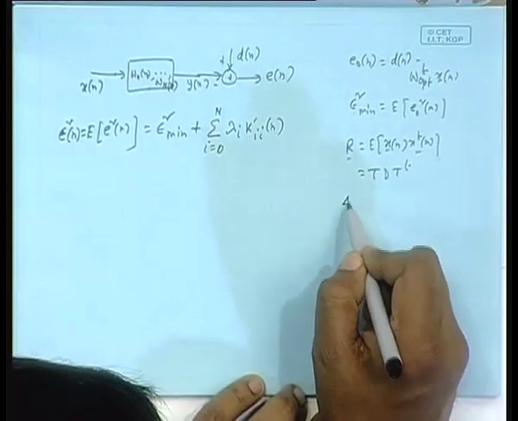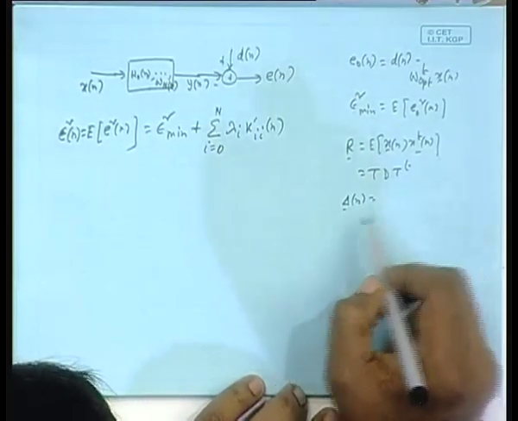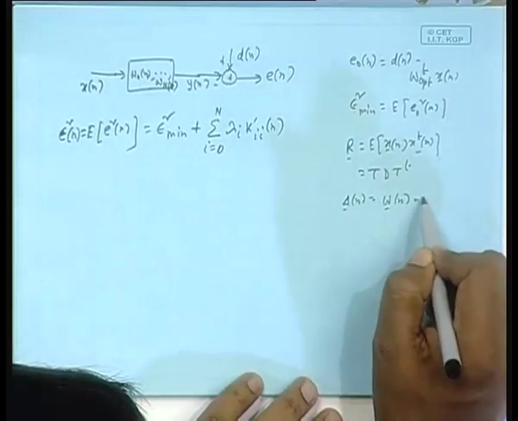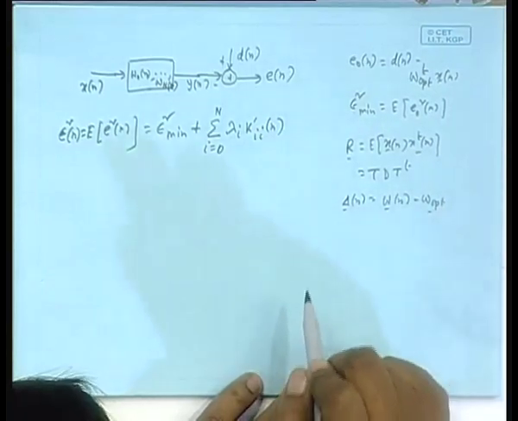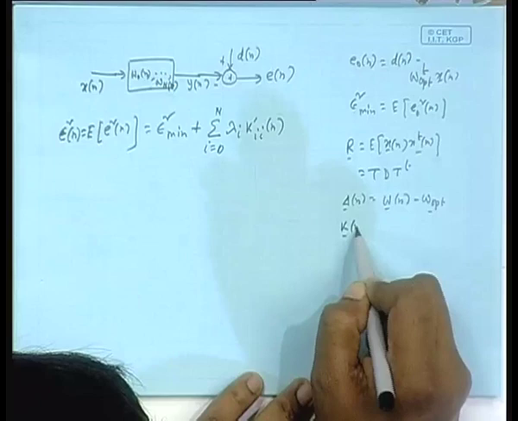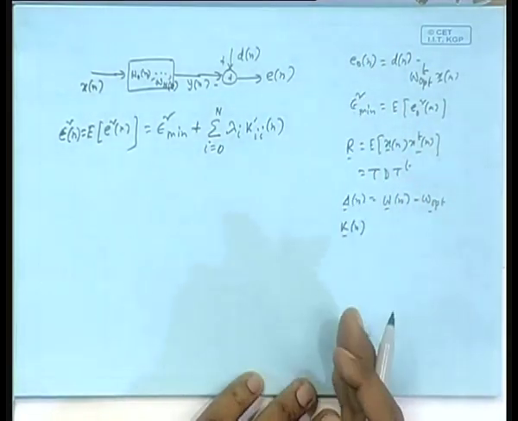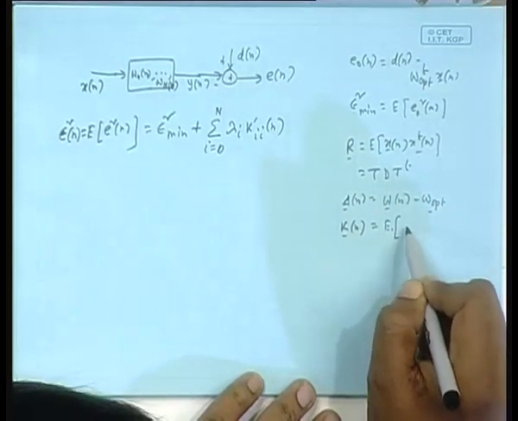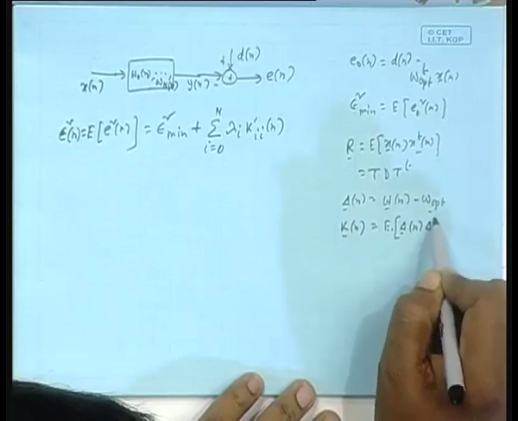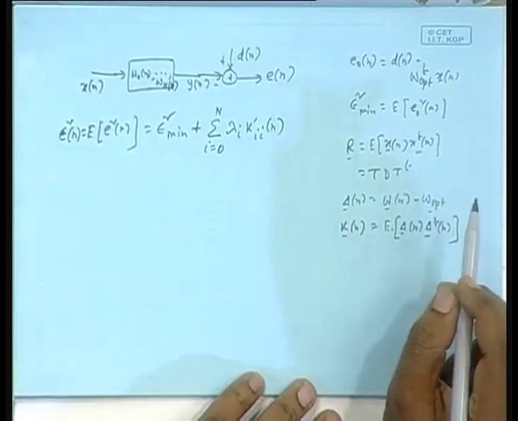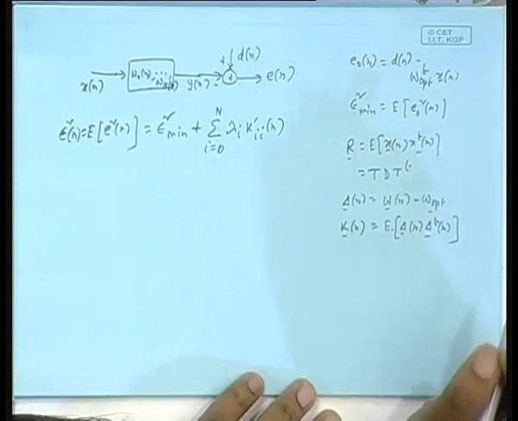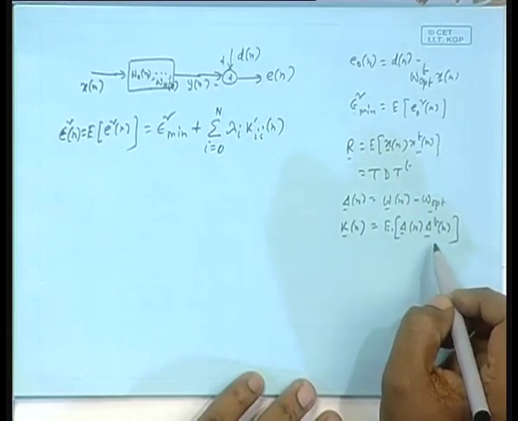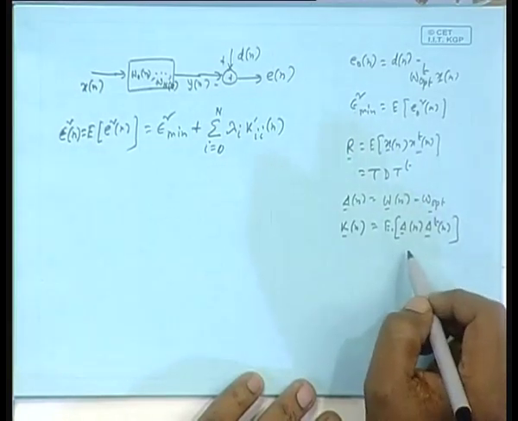Okay. Then we had delta n; you remember what delta n means? It is the deviation of W n from W opt. Okay. This side I am keeping a kind of dictionary for our usage. K n is the covariance matrix of the tap weight error, or weight error covariance matrix.